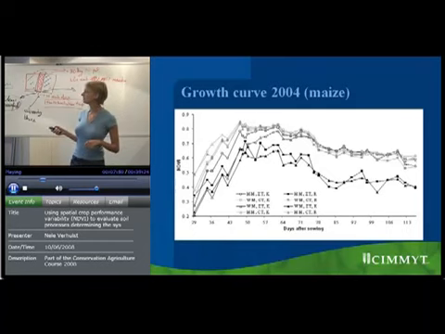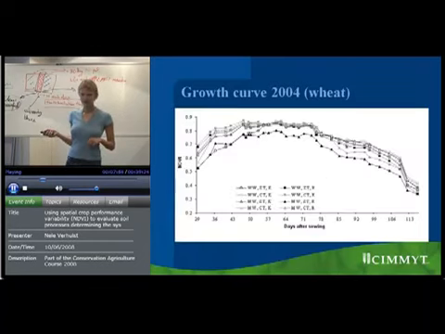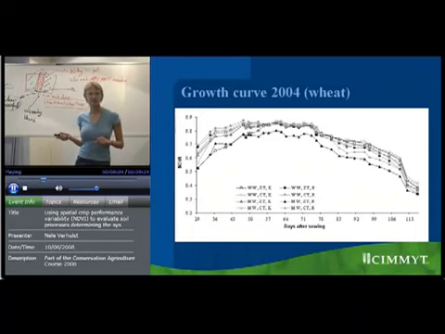Okay, this is for wheat. What do you see? In wheat, differences are always less clear, so we've got again the gray lines conventional tillage, the black ones zero tillage. Okay, so we see again higher values at the beginning of the season for conventional tillage. They come together, and which one drops out?